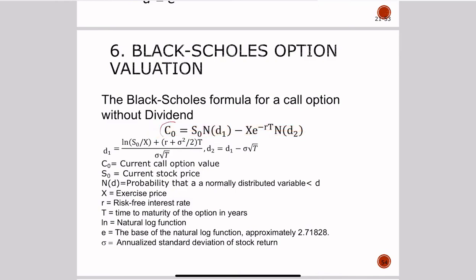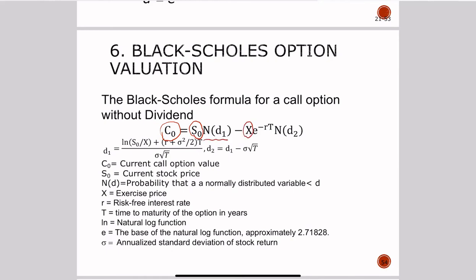C0 is just the call price, which is what you want to get using this formula. S0 is the current stock price. Let's first skip N(d1).